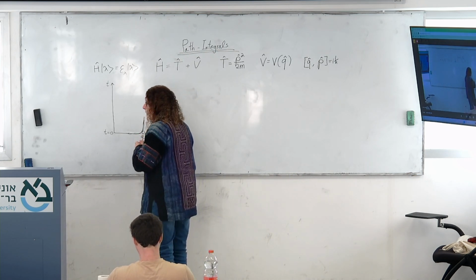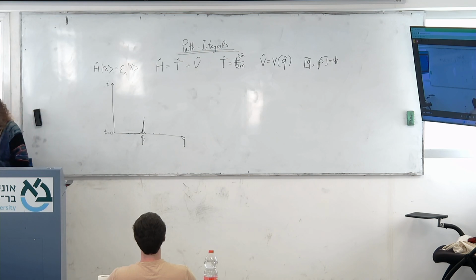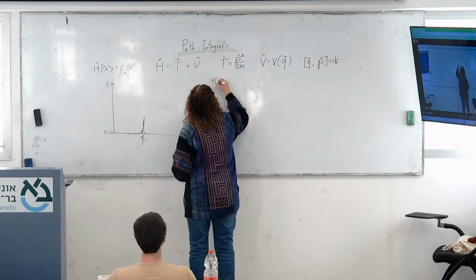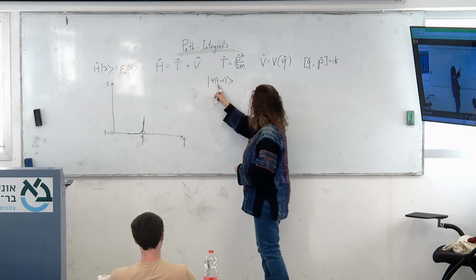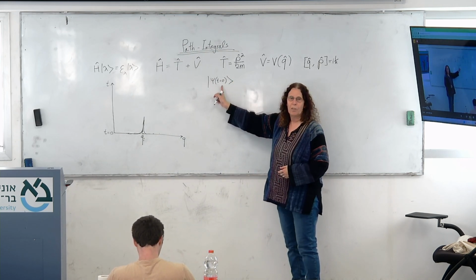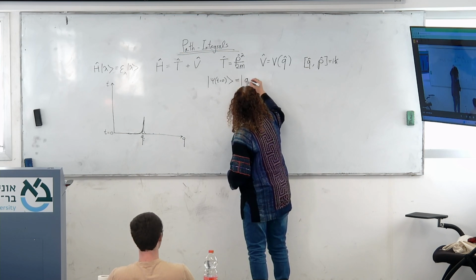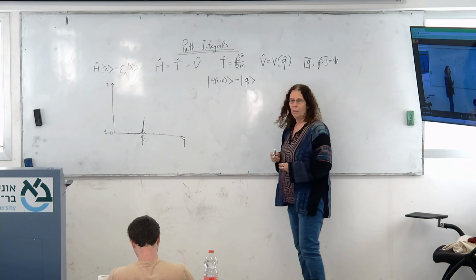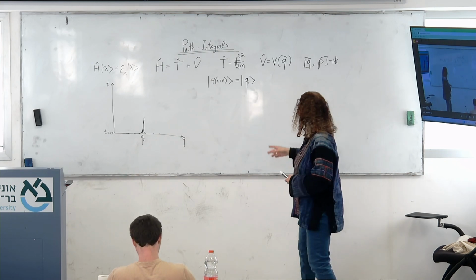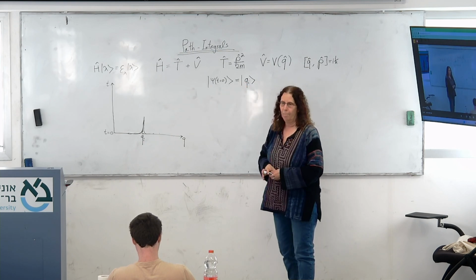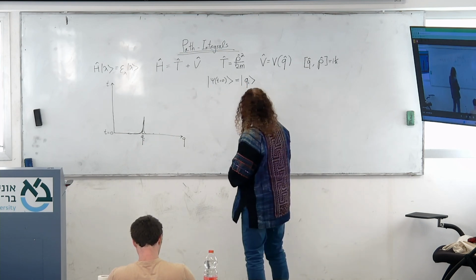So, quite generally, if we look at later and later times, let me first write here the formulation of the problem. We prepare the initial state, which is going to be the state |q_i>. Okay, I'm writing it in a bracket notation, but this means a state that is a delta function at q_i. Okay, this is the initial state.